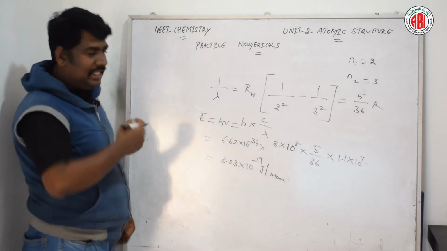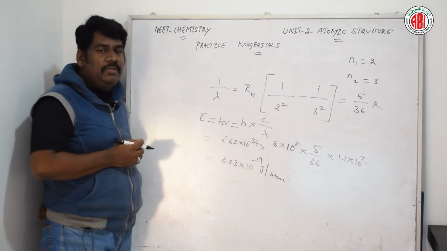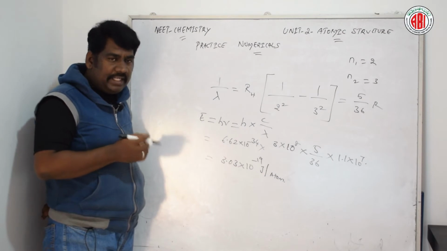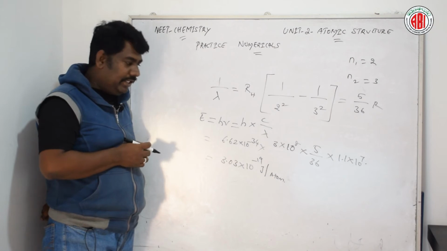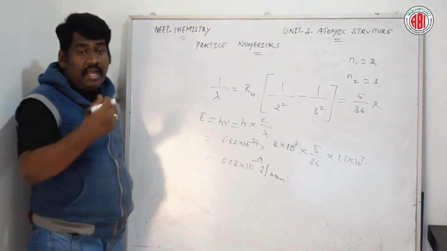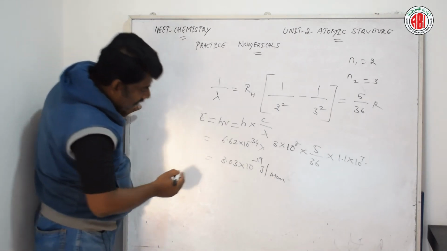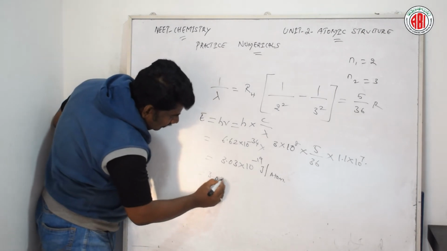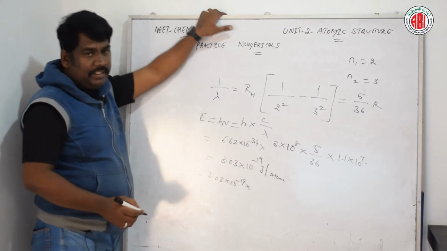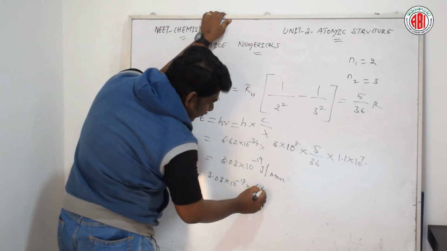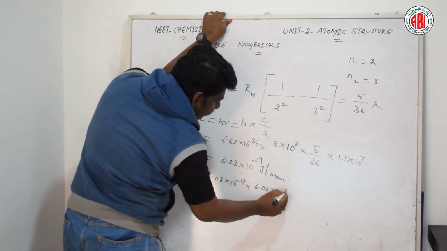Now energy corresponding to 1.0 gram atom of hydrogen, that is nothing but the given value into Avogadro number. That is 3.03 into 10 to the power of minus 19 into Avogadro number, that is 6.023 into 10 to the power of 23.